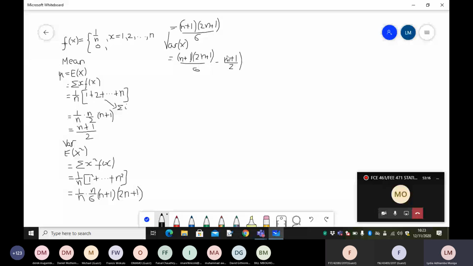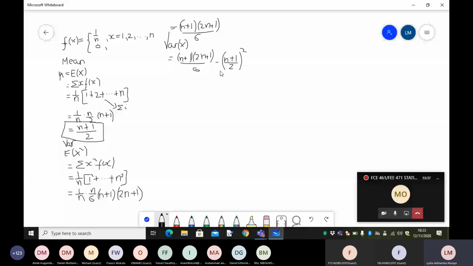So where am I getting this from? It is the one that we had calculated for expectation of x. So we know variance is expectation of x squared minus expectation of x quantity squared.